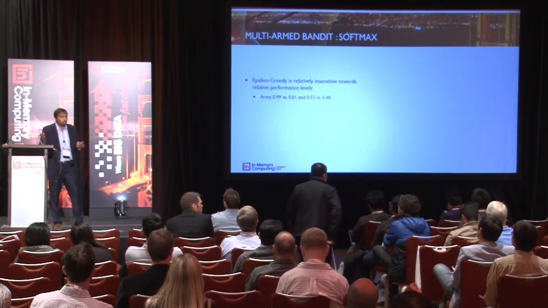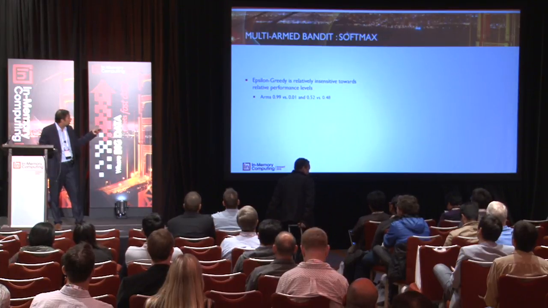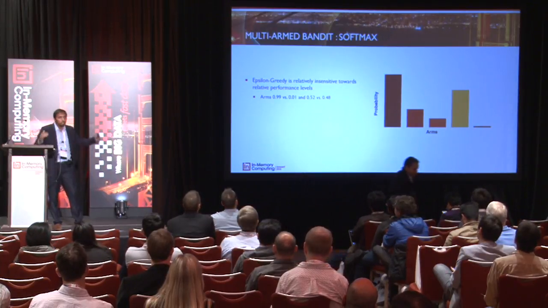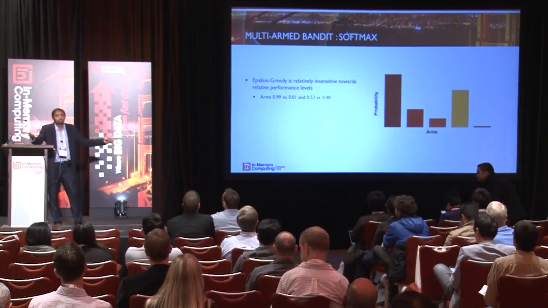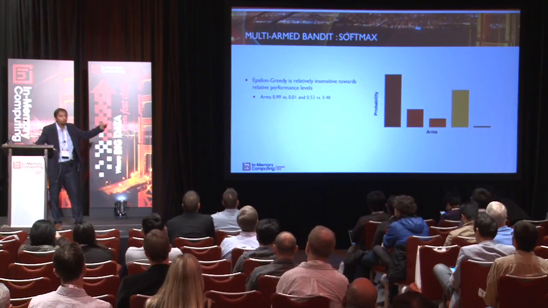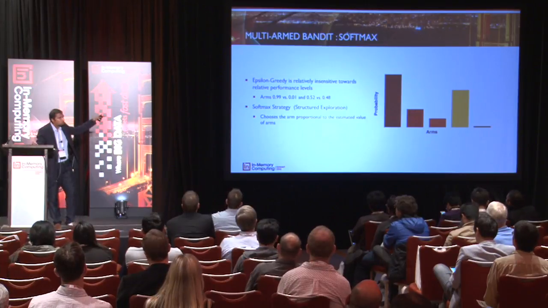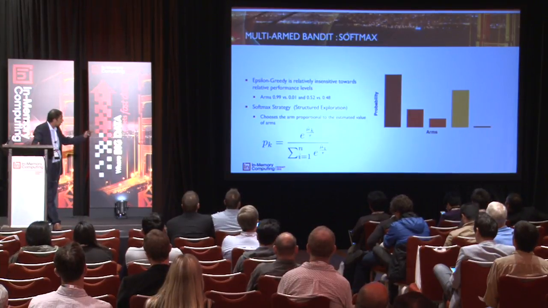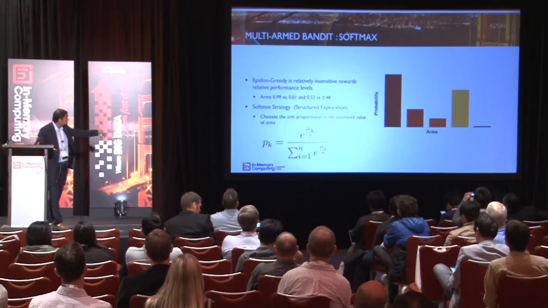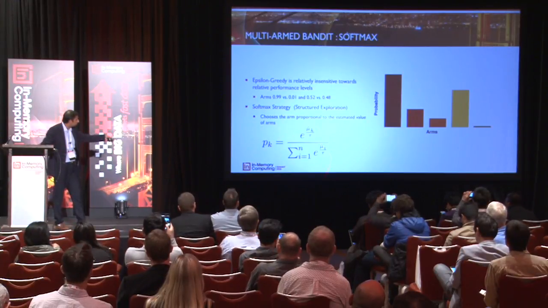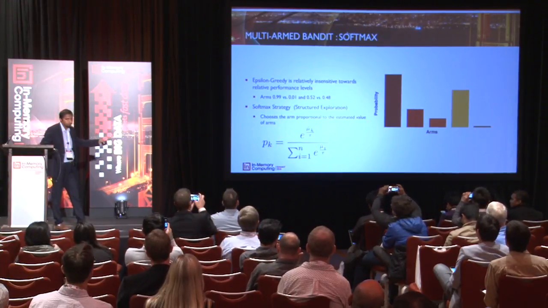So what you could do is take action depending on the distribution of the reward, or depending on the proportion of the reward that you got. So that's the softmax approach, right? At any given point of time, this scary looking formula will basically give you the probability.